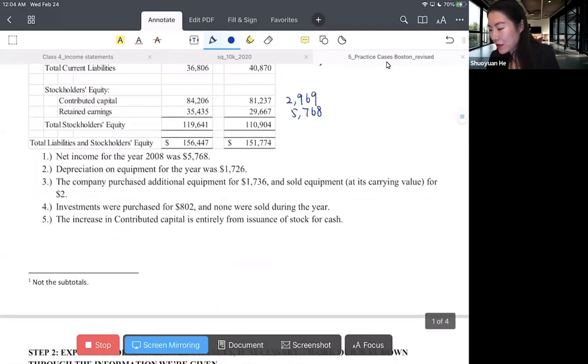It is because of the information given here. The company purchased additional equipment for 1,736, sold equipment at its carrying value for $2, and depreciation on the equipment for the year is 1,726.